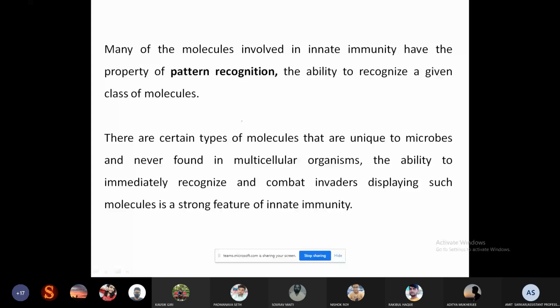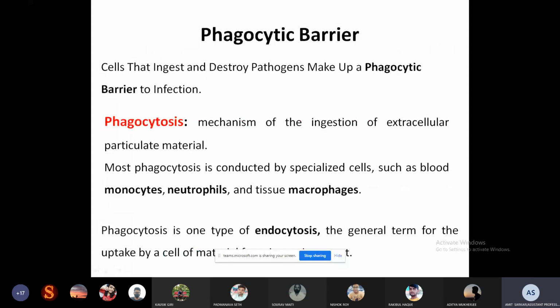Okay. So now let's move into the third barrier. Anatomic and physiologic we're done with. Now the phagocytic barrier. I do not have much to say about the phagocytic barrier because I discussed it in different contexts before. Phagocytosis means the mechanism of ingestion of extracellular particulate material.